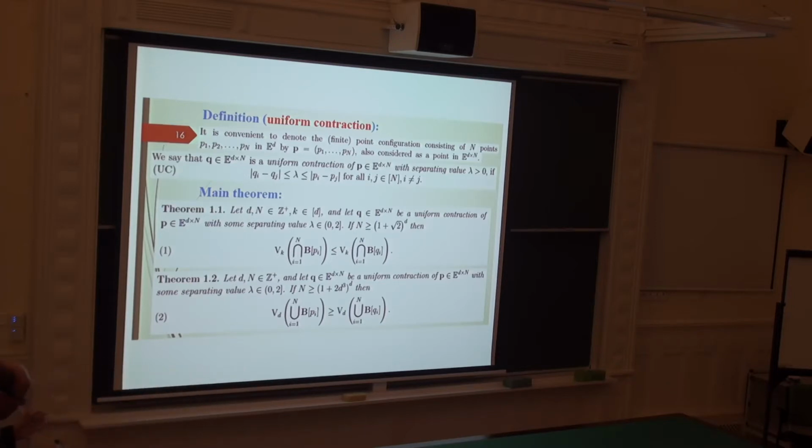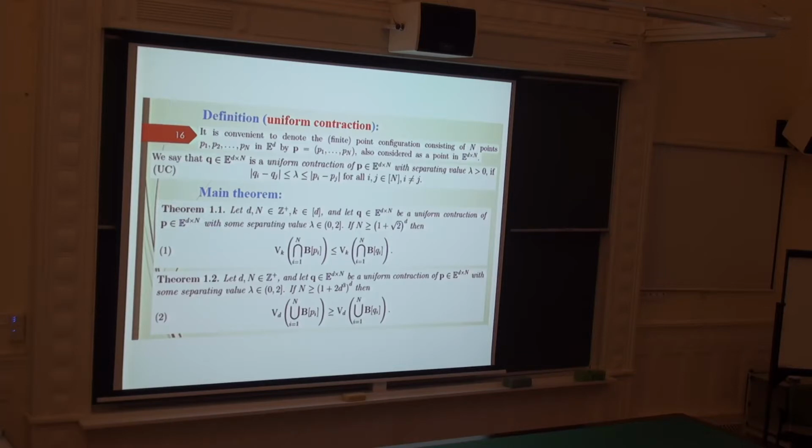So if we want to generate a similar analog result in spherical space and hyperbolic space, then we should not really follow the method of this theorem, which is, as I said, based on the Brunn-Minkowski inequality.